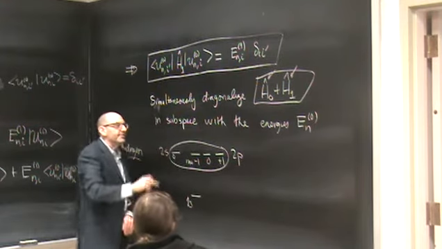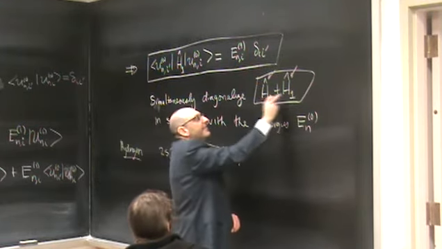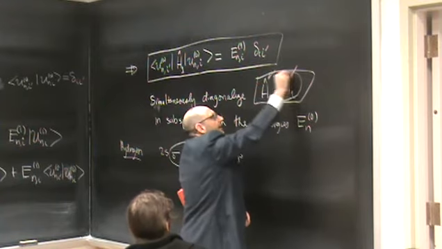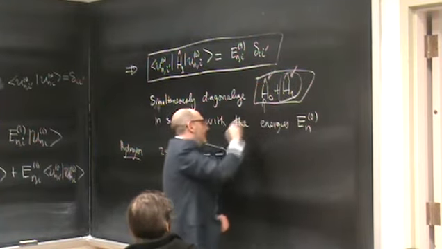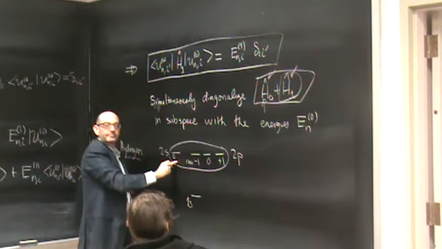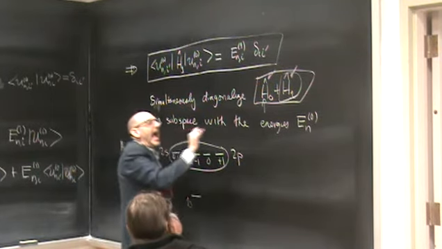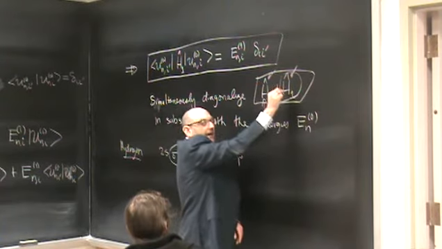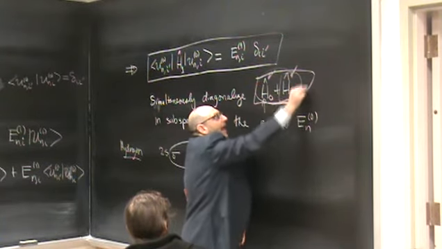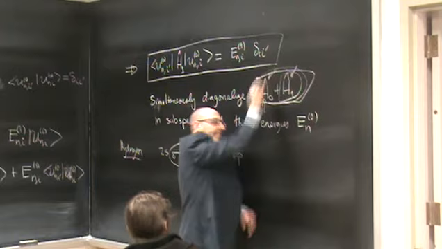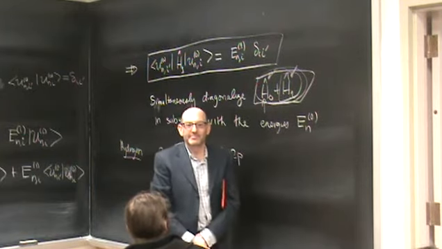What this tells us is that when we have degeneracies, H0 is going to be block diagonal, and then we look at each block by block, and we diagonalize within a block. That gives us the first order corrections.